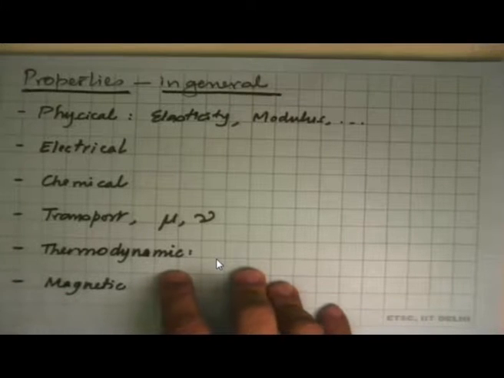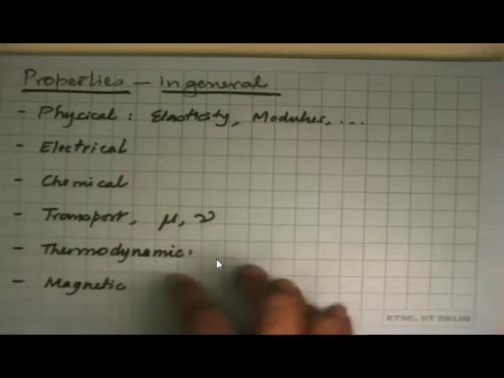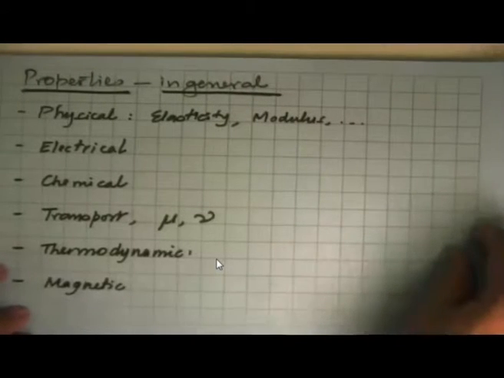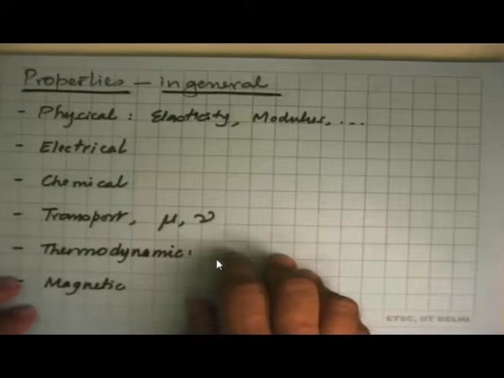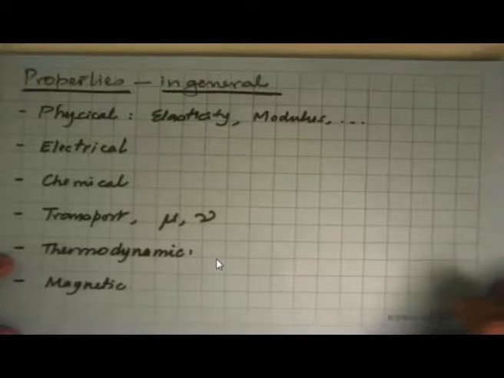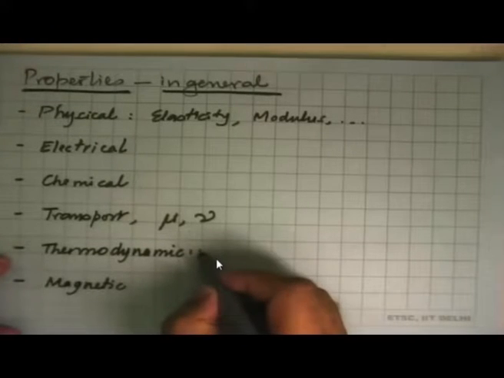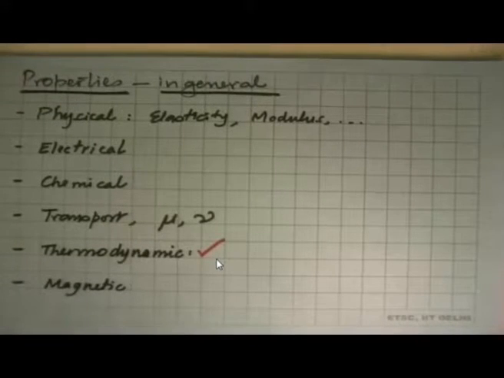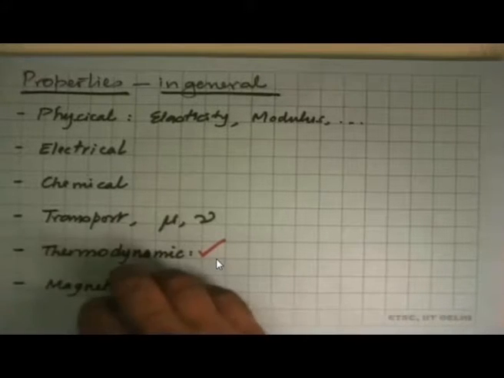So all in all, when you ask what the properties of a material are, we look at about 30 to 40 properties, and in any application we decide what properties we want, and accordingly we come across a set of materials that satisfy our requirements. In this course on classical thermodynamics, we are going to be concentrating on the thermodynamic properties.